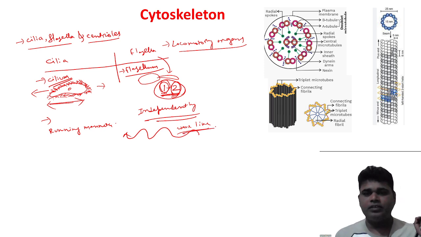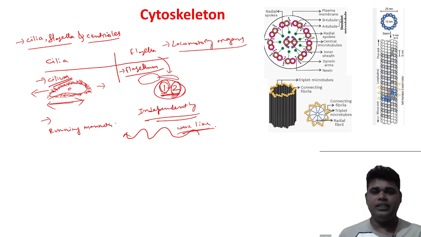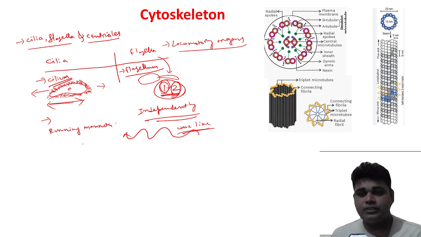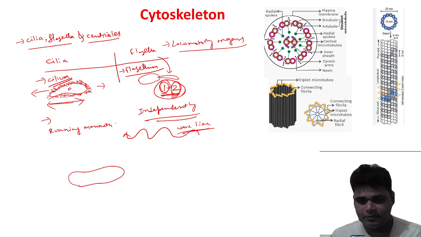Now look at the structure of the cilia and the flagella, or the microtubules which are present in them. But before going to that, for example, this is the paramecium. Okay. The cilia structure looks like this. This is the whole cilia structure.